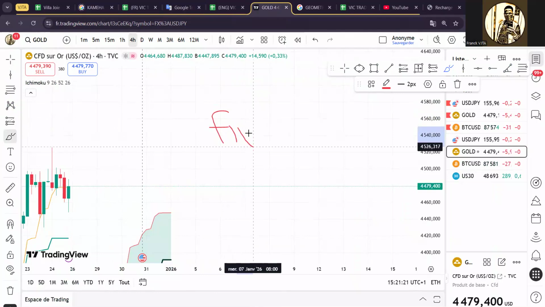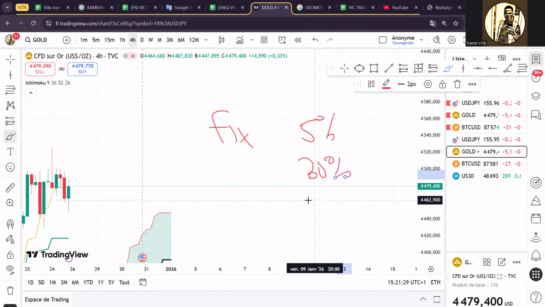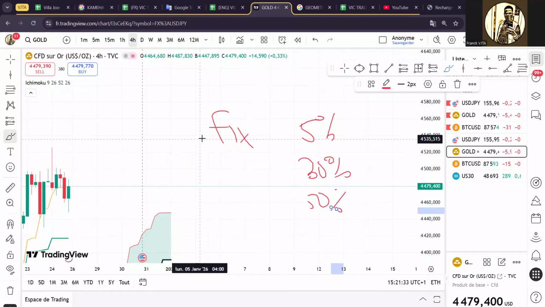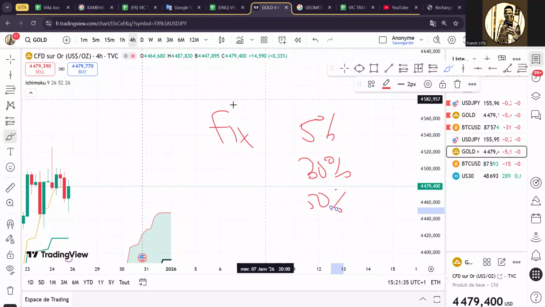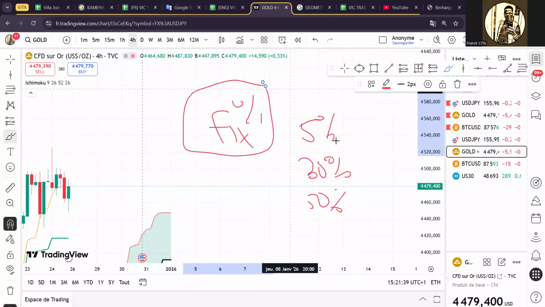Like you risk a fixed percentage: I risk 5% per trade, all my trades. I risk 30% per trade, all my trades. I risk 50% per trade, all my trades, right? That is a fixed risk in terms of percentage. That's the first type of risk on capital.